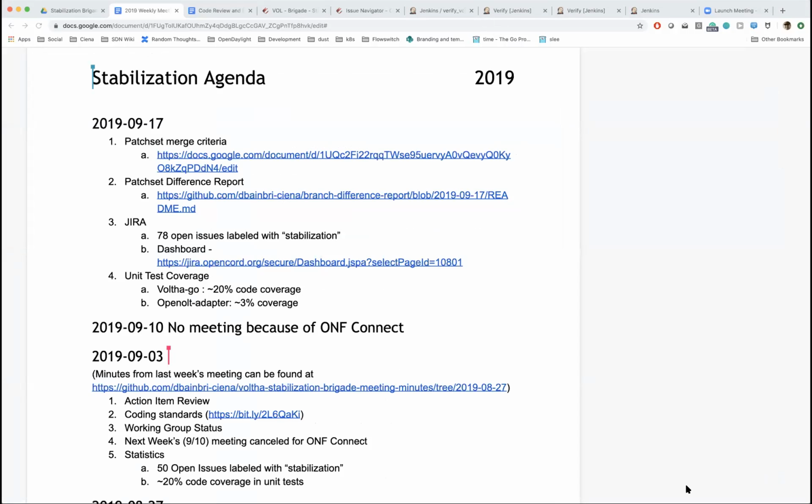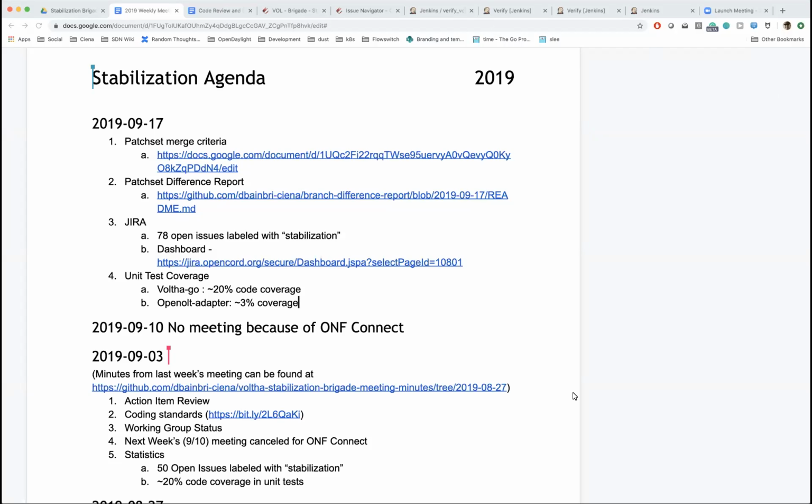So we're going to start with patch set merge criteria. We had a meeting last week during ONF Connect. I think we had some meetings with some operators as well as ONF.